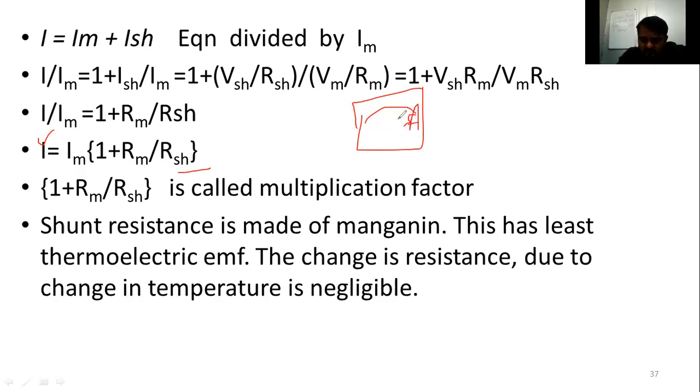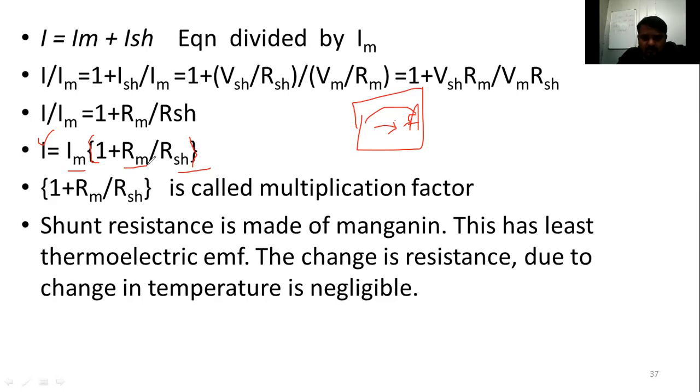So this meter will show some current, up to 5 ampere. That current is nothing but Im here. Which current it will display, that is Im, and the multiplication factor we are going to call 1 plus Rm by Rsh.